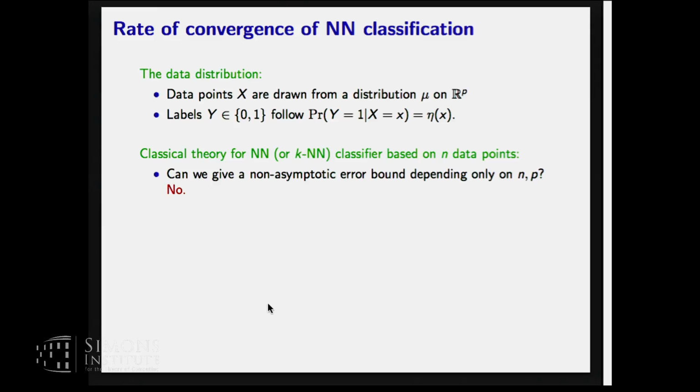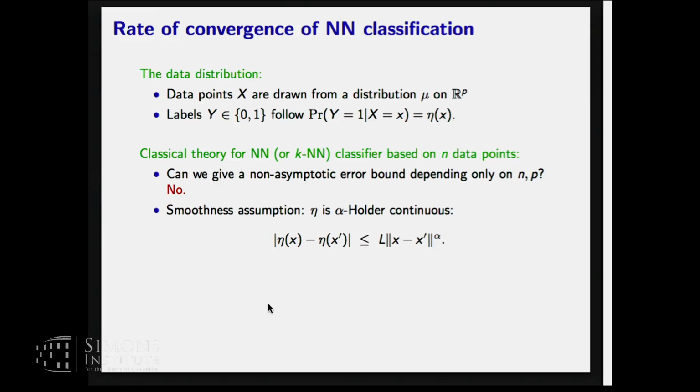Okay. So then the next step is, okay, let's make a smoothness assumption, and the standard sort of smoothness assumption in this sort of non-parametric statistics is some sort of Holder continuity. So for example, if alpha equals 1, then this would be a Lipschitz assumption. And later I'll explain why this is really a very bad sort of assumption for nearest neighbor. It doesn't fit the problem at all. Okay. But under this, then you get this error bound.